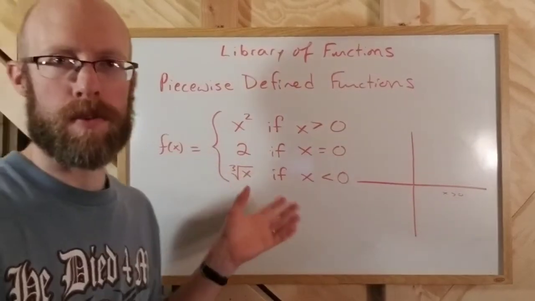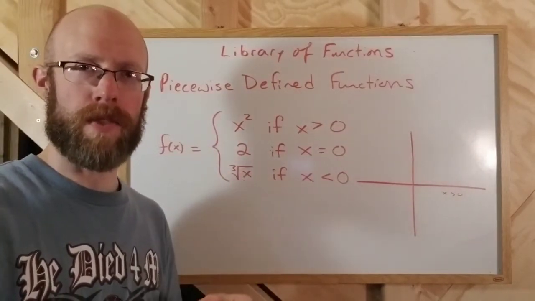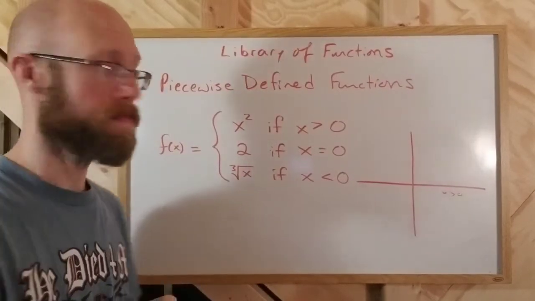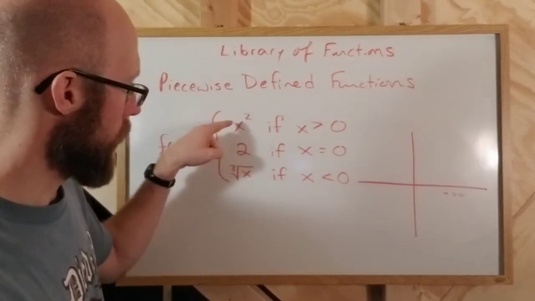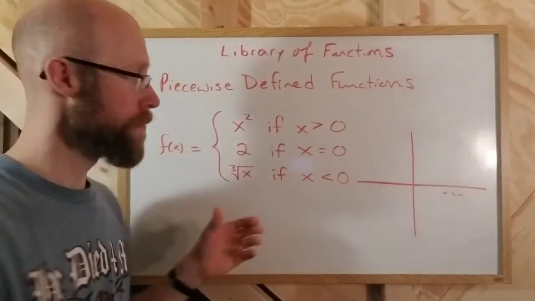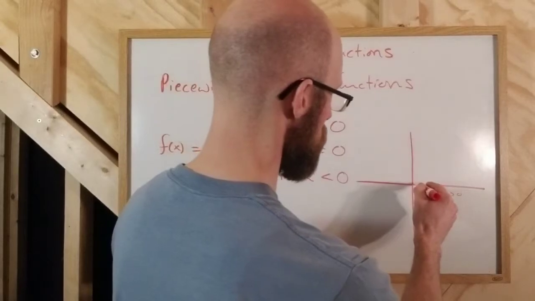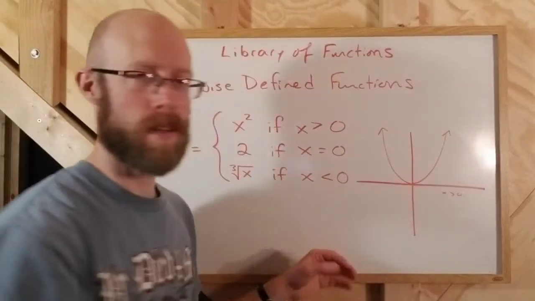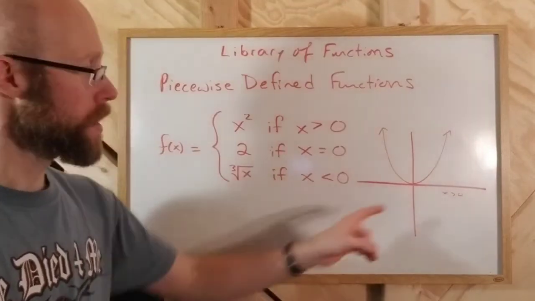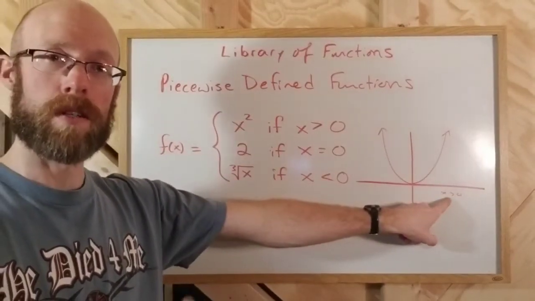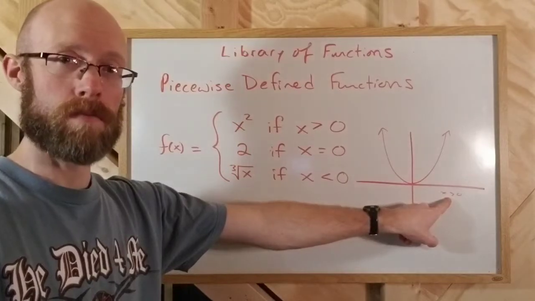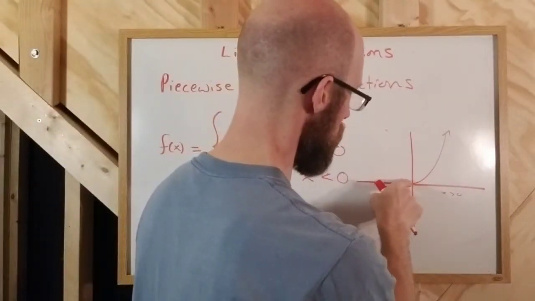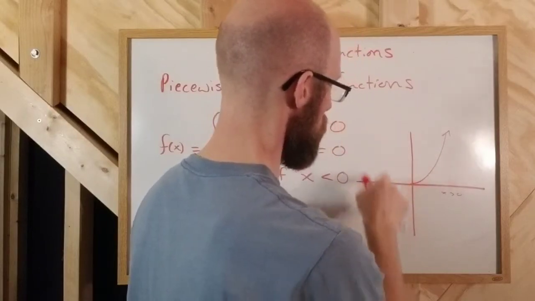with a few exceptions. There might be a few exceptions where we just have a line in slope intercept form or something that might show up. So here I've got x squared. We know that to be our parabola. Now generally the x squared would start at the origin, go up to the right, go up to the left, and have symmetry. But we only want the portion that's greater than or equal to 0 in the x direction. So we don't actually want this negative side, the side with the negative x values.